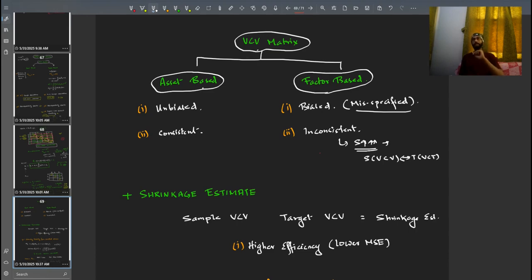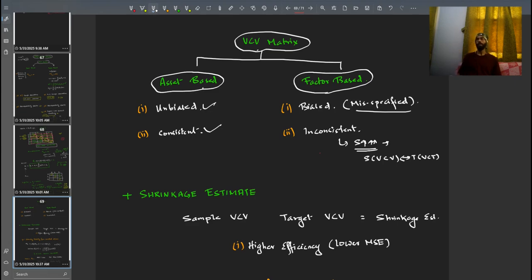Compared to these two factors, asset-based VCV models are unbiased and consistent, right? That is, they are explaining the real world numbers in a much better, more precise way, and they are also not diverging as the sample size increases. The true values are not diverging from the sample values as the sample size increases arbitrarily. So these are the main advantages of the asset-based VCV matrix. But still, why would we prefer factor-based models?